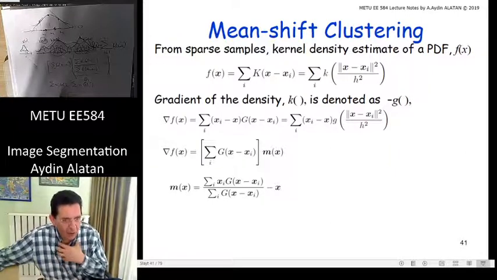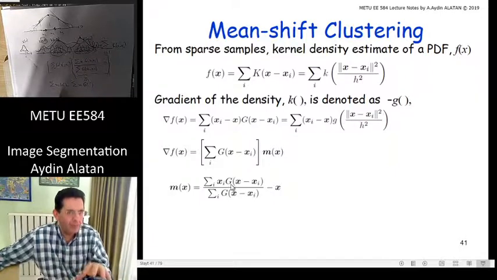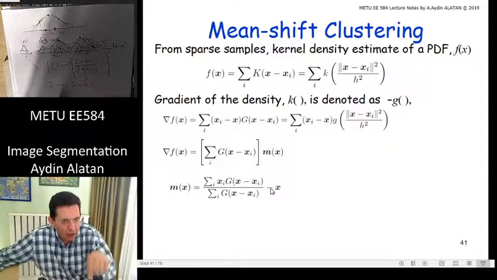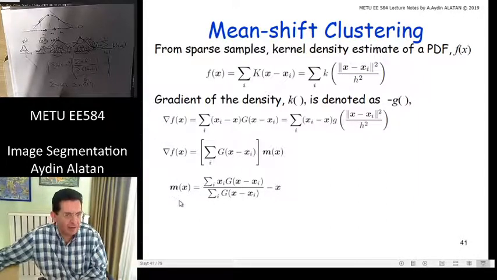Therefore, what I'm doing is this. There is an x point I am interested in. Around this x point, I calculated a weighted sum using a window, the window around this x point. You calculate some weighted sum, and that weighted sum subtracted from the current point is giving us this m vector.